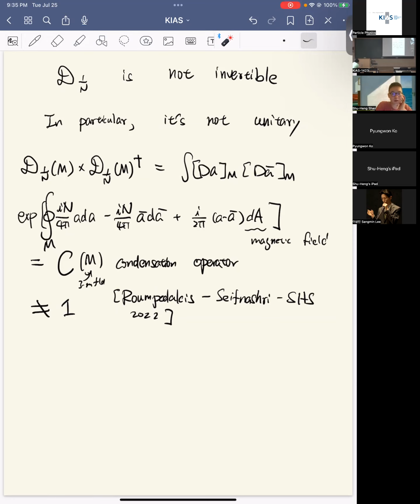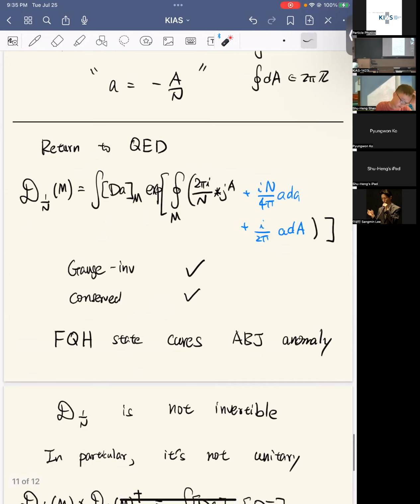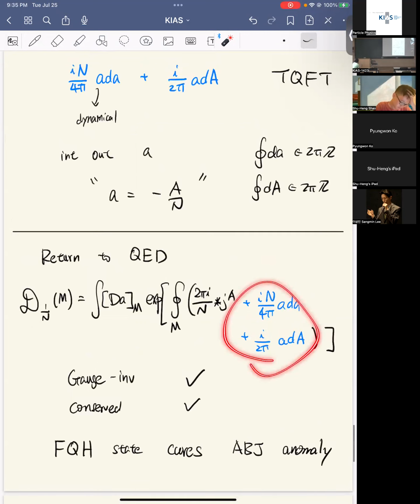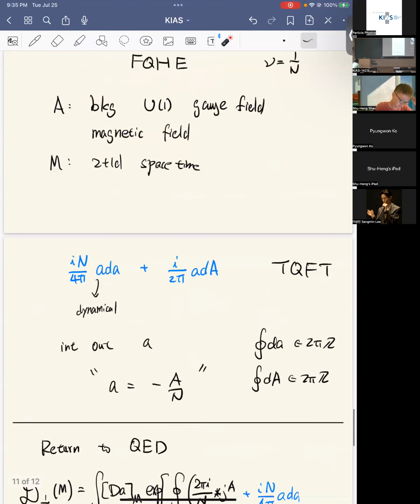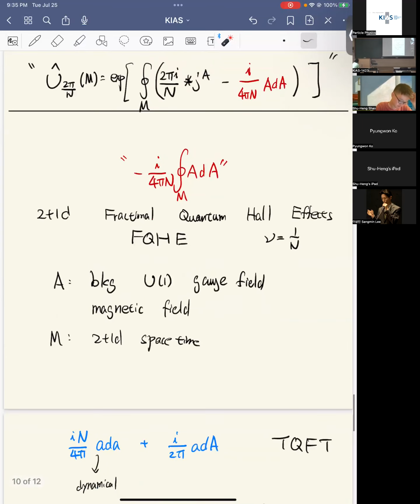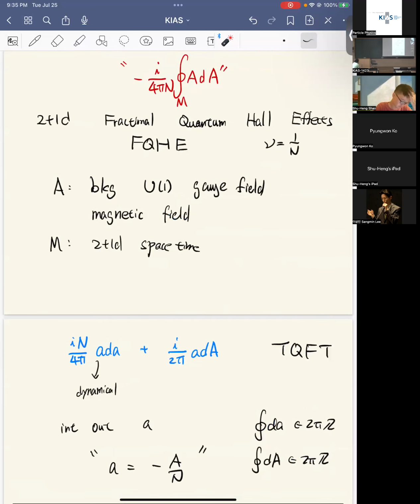Okay. Sorry, could you go back the slide? Yeah. Oh, you mean back here? Yes. So you introduced a small a to rewrite the Chern-Simons term in the gauge invariant way.